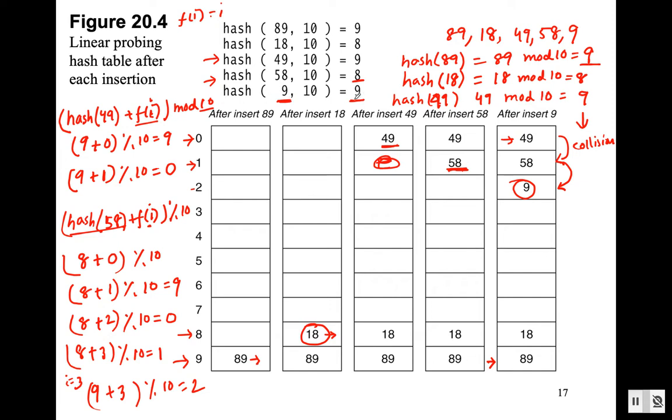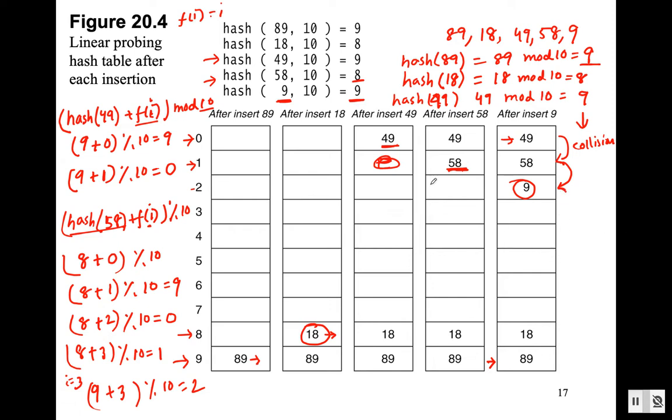The hash value gives 9 for the value 9. First we look at cell 9. 9 is not there, so we look at the next cell. 9 is still not there, so the next cell. That's how we keep looking until we find an empty cell.